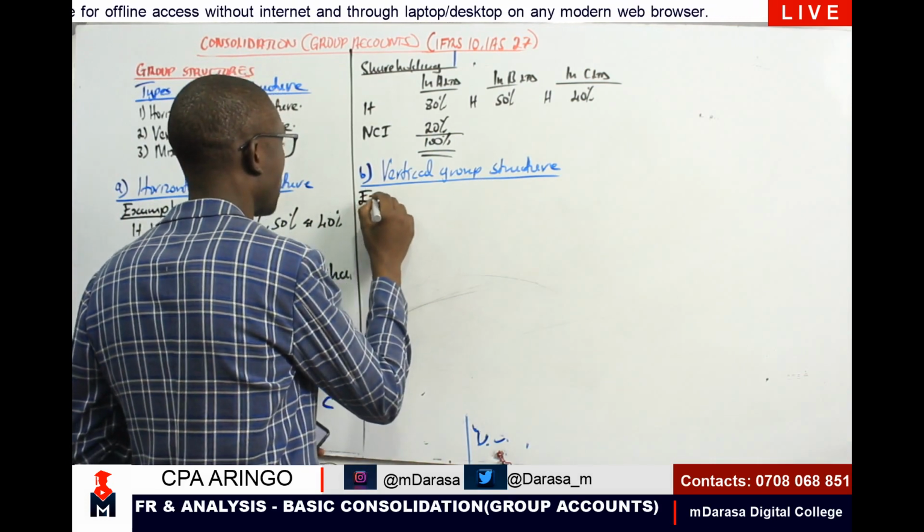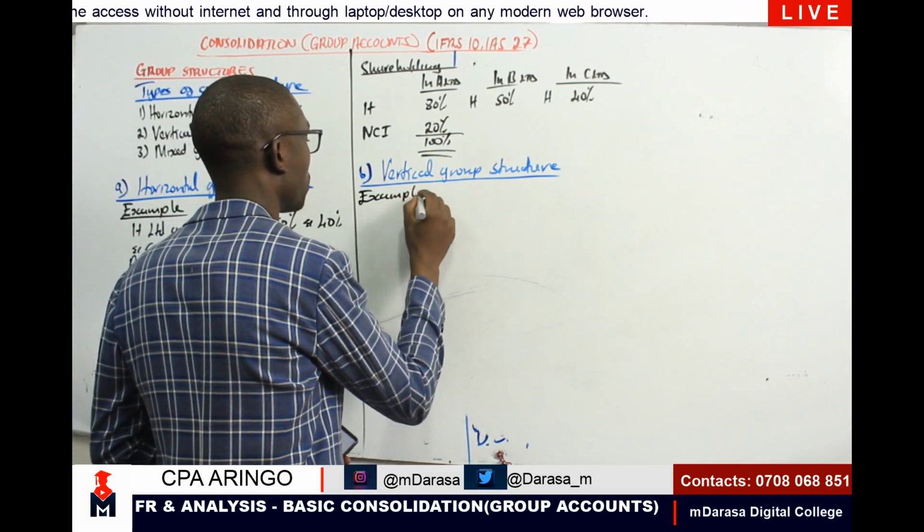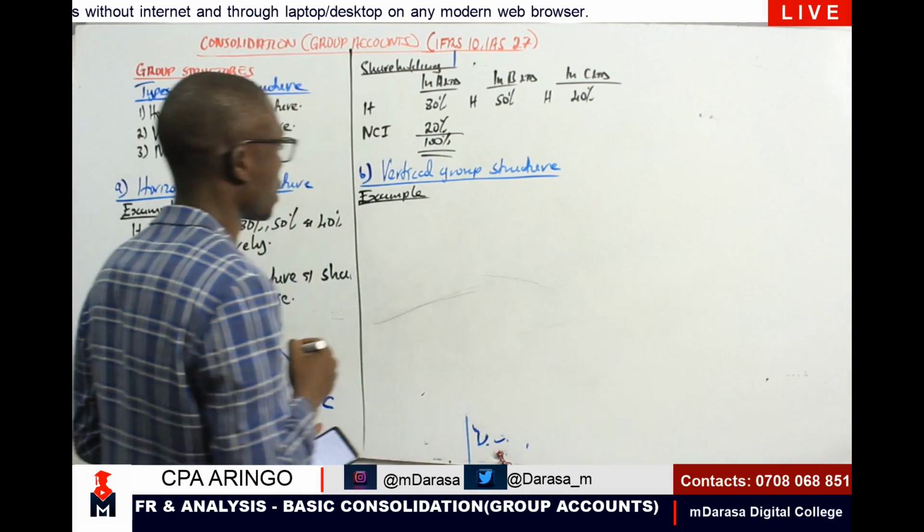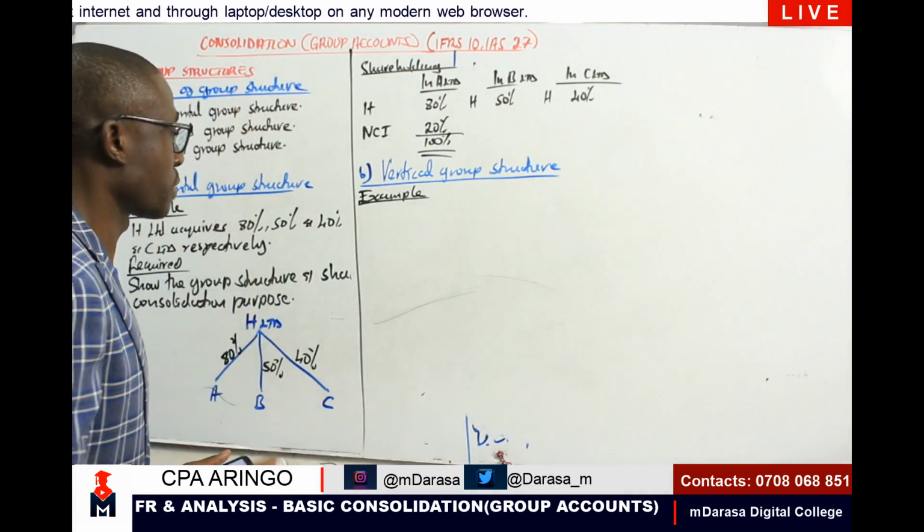And for us to cement that concept clearly, look at this example for us to analyze the concept of a vertical group structure.